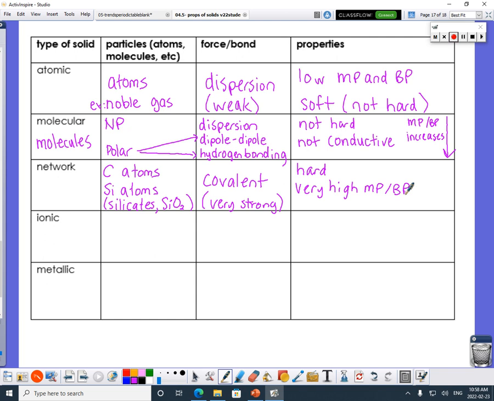What else do you want to say? Good. Conductive. Don't conduct? No, I don't know. We'll make up words. That's fine.